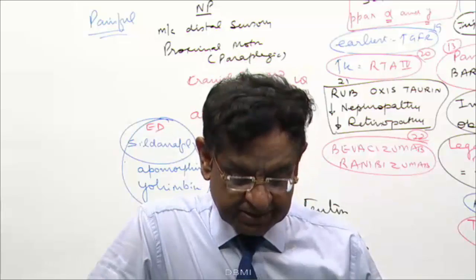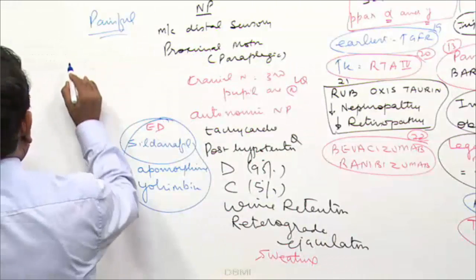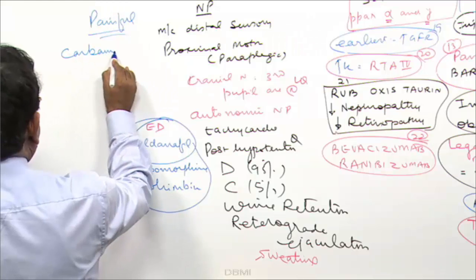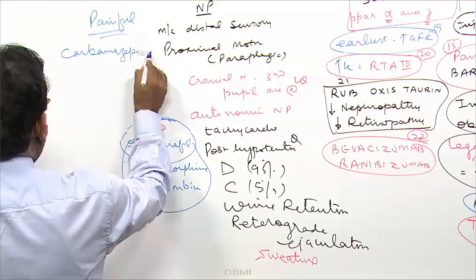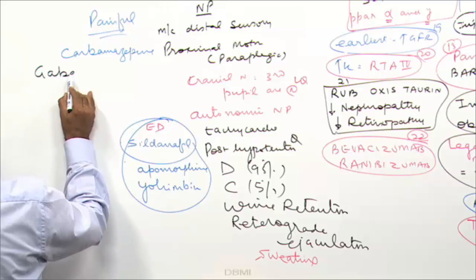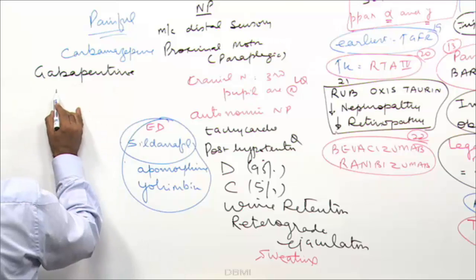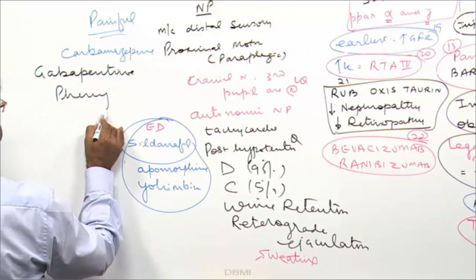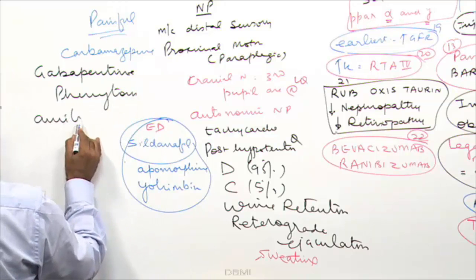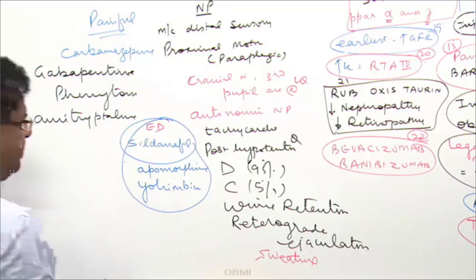Now, what drugs can we use in these patients? Drugs we can use are carbamazepine, gabapentin, phenytoin, amitriptyline, but a new drug has come up.